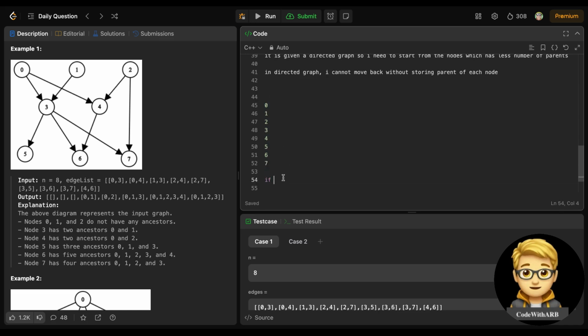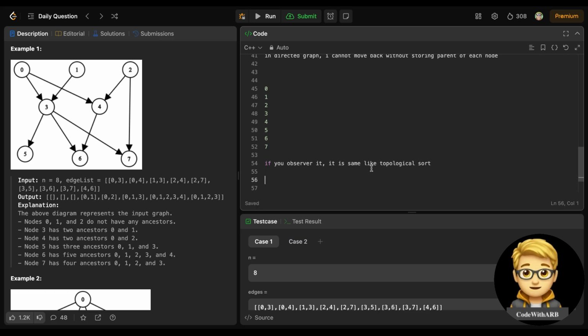If you observe it, it is the same as topological sort. If you don't know topological sort, you can think of it in terms of the number of in-degrees.